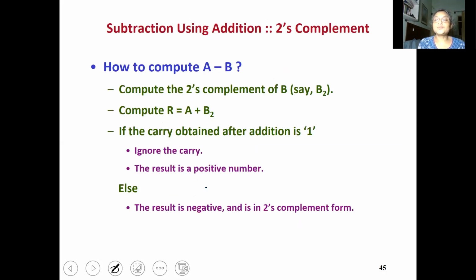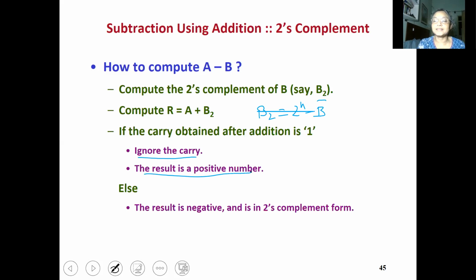Now let's move on to 2's complement, which is more important. How do you compute A minus B? First we will take the 2's complement of B, that is B2. So R equals A plus B2. And we have seen that B2 is nothing but 2 to the power n minus B. Now, if the carry obtained after addition is 1, we ignore the carry, and the result is a positive number.